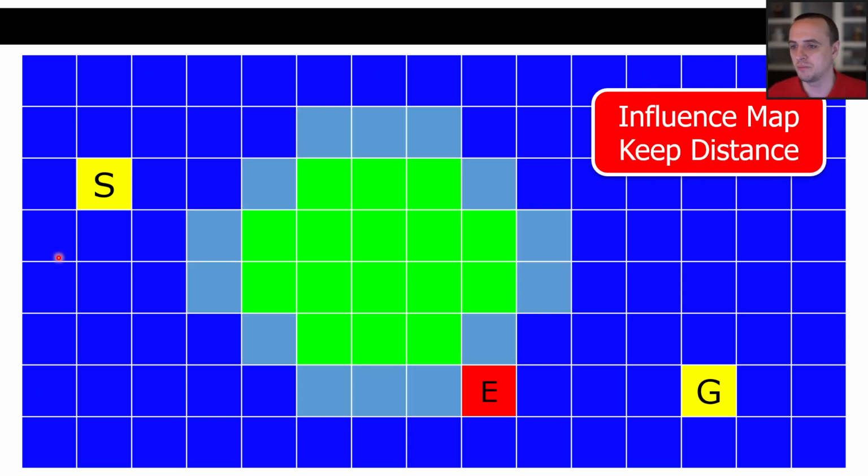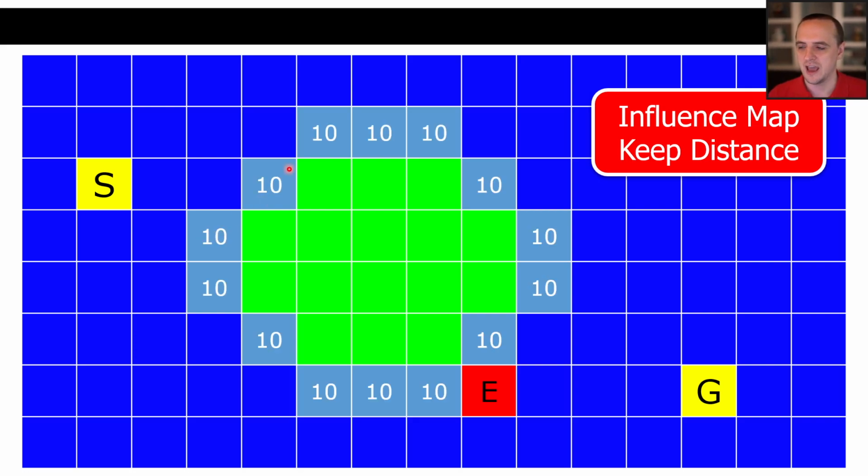Let's say we're in a boat, okay? And we are trying to avoid going into shallow water. And so we've got shallow water around this island and we want to avoid that if at all possible. So what are we going to do? Well, one idea would be to give a repulsive influence to the areas on the map that we want to avoid, okay?